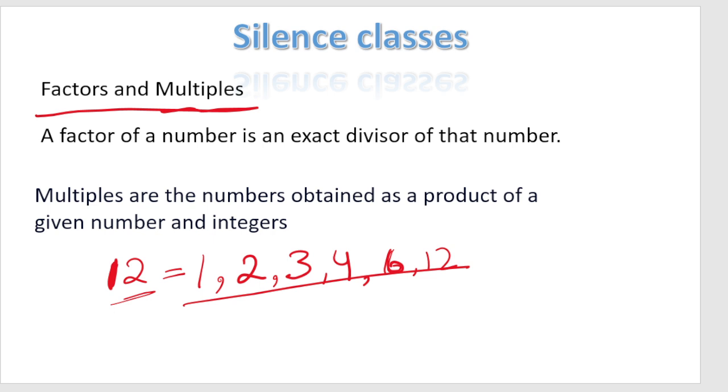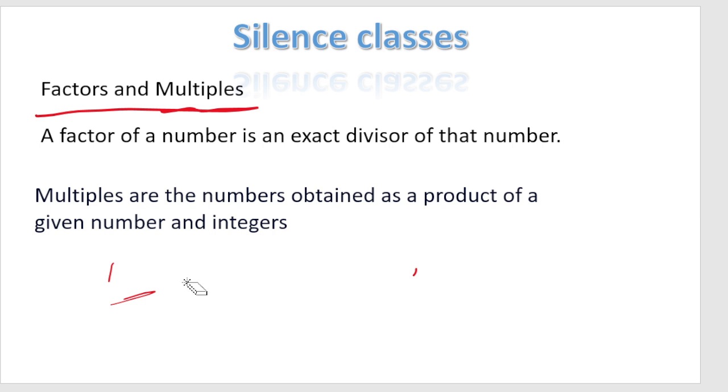Now let's talk about multiples. What are multiples? Multiples are the numbers obtained as a product of a given number and integers. Means if there is any number, we multiply it, and the product which we get is known as a multiple.